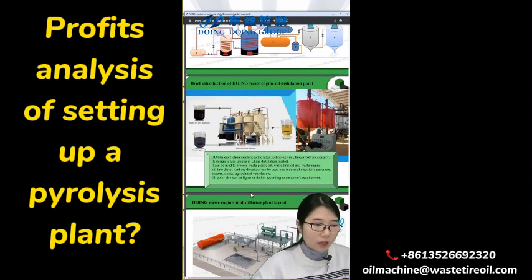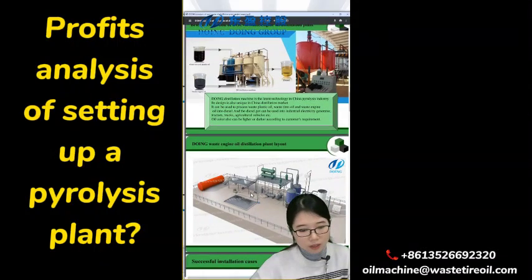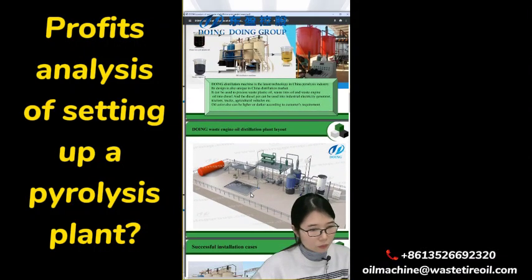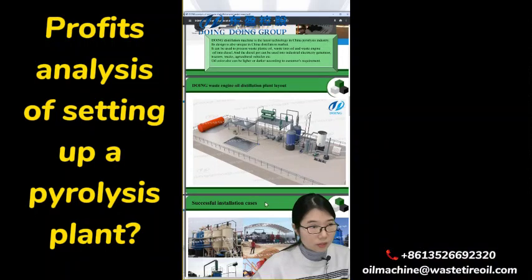So if the customer has raw materials like tires and plastic and finally wants to get diesel, you need 2 sets of plants: a pyrolysis plant and a distillation plant.